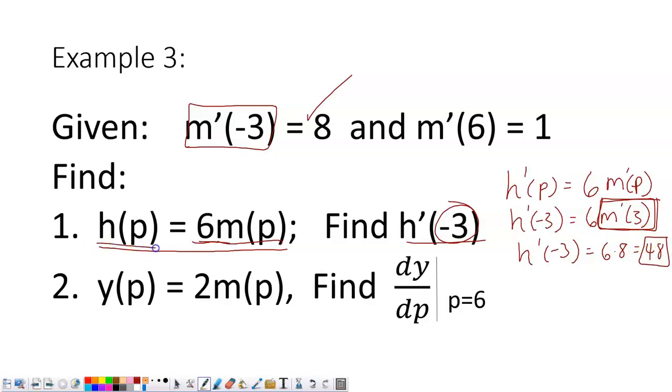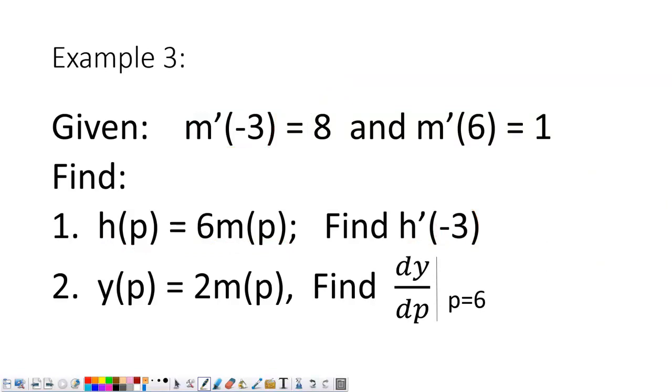So since h of p is equal to 6 times m of p, then the slope of h is 6 times greater than the slope of m. And since the slope of m at x equals 3 is 8, then the slope of h at x equals 3 is 6 times greater than that, which is 48. Okay? Well, let's do another example.